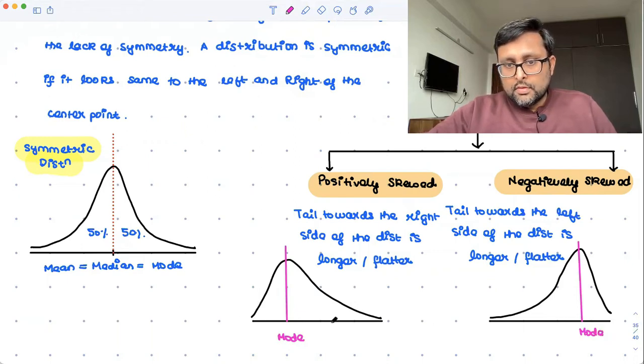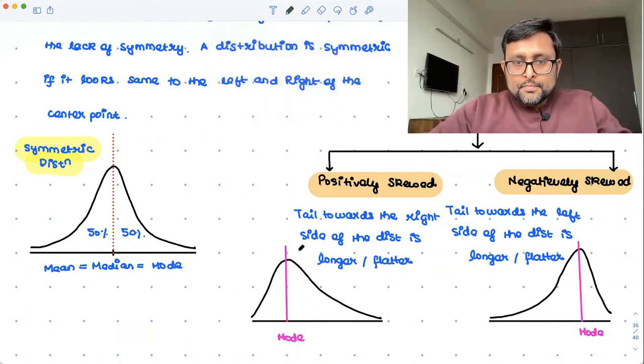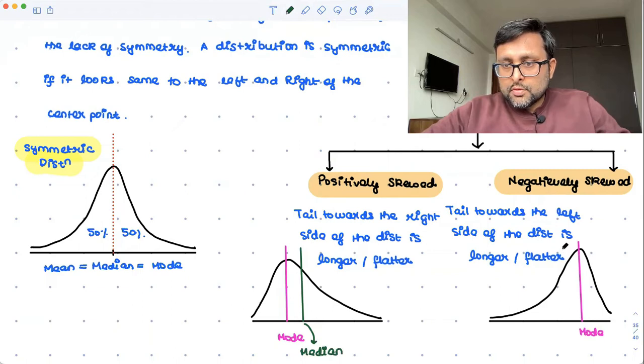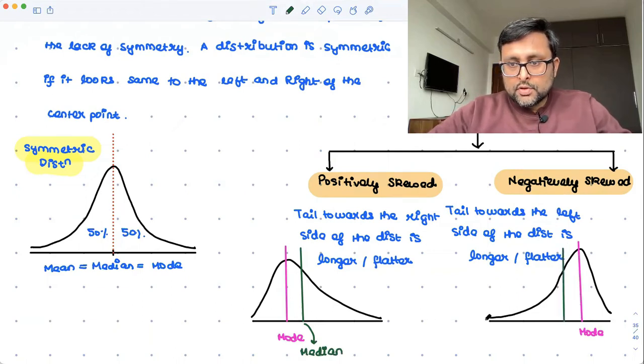Right. Now, the median is going to be, I mean, 50% of the distribution will be somewhere here. So I'll use another color so that you remember. This one. This is the median of the distribution, right? 50% of the distribution, somewhat.